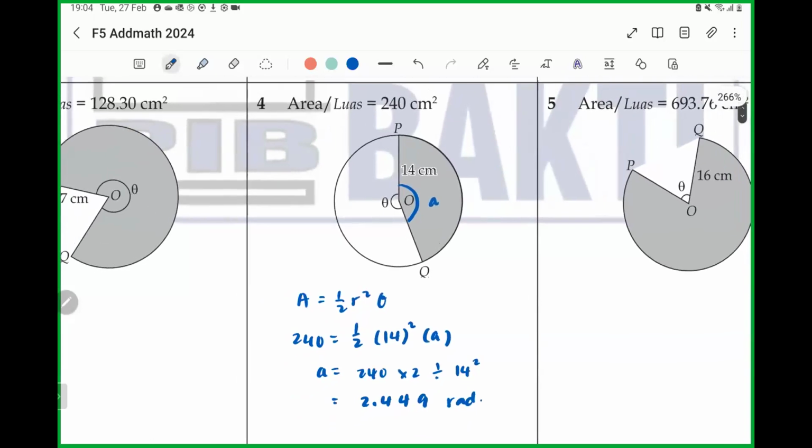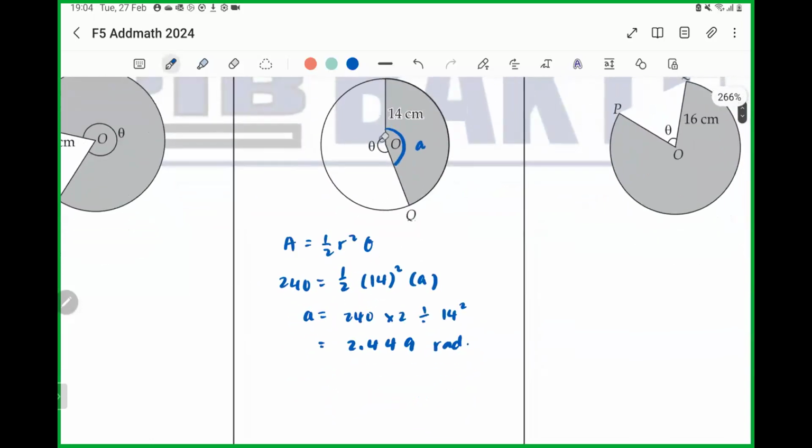Okay, so in order to find the angle on the other side, just now we know that 180 degree is actually pi radian, right? And then 360 degree will be 2 pi radian. So if I want to find the other side, you take this whole turn minus it. One whole turn is 360 degree, so you take 2 pi minus the angle here, you will get the other side.